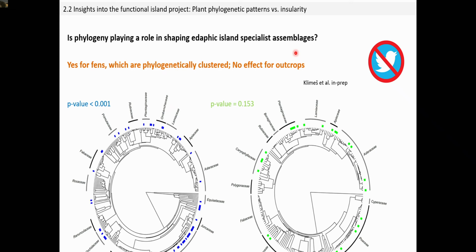I agree that this is about, these blue ones are the fence, especially the green one. We are showing simply here that the assemblages of the edaphic specialists are clustered in fence and not clustered, or random actually, in outcrops. Then we went to inspect the potential role of insularity with the next analysis, and we may make some inference, maybe justified, maybe not.